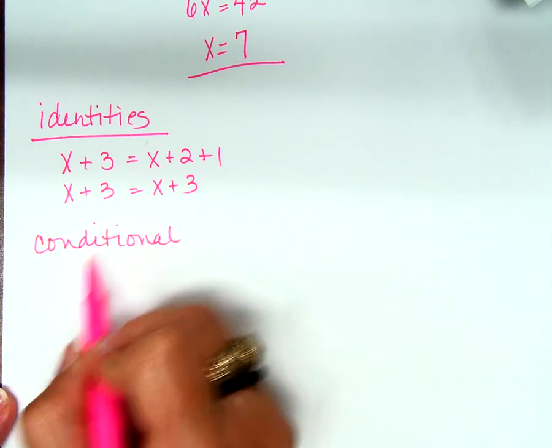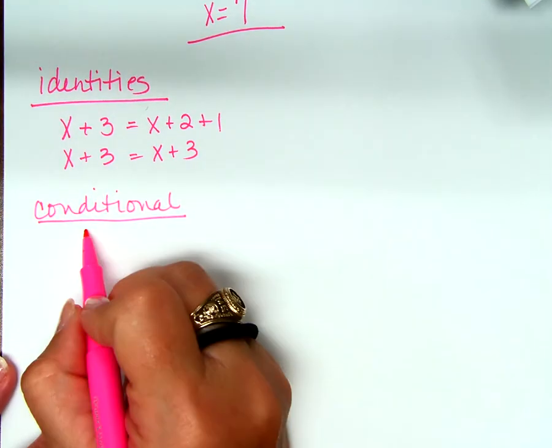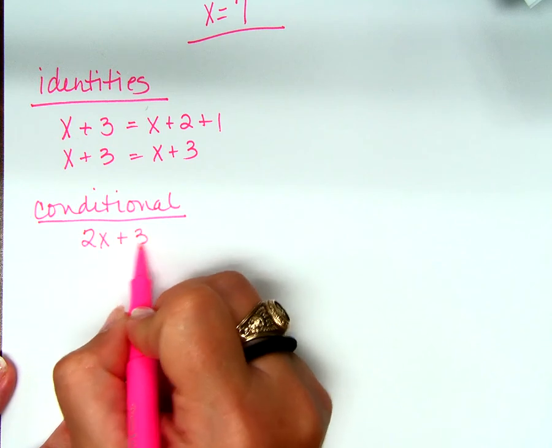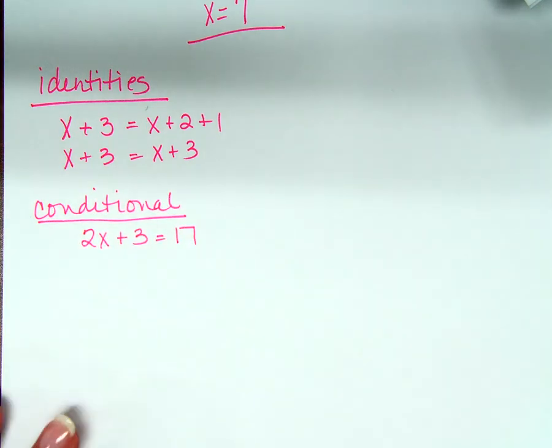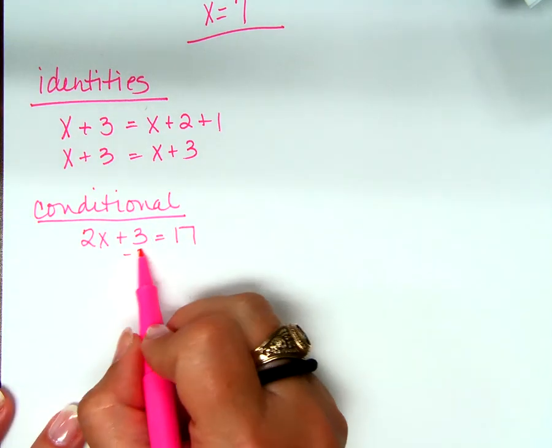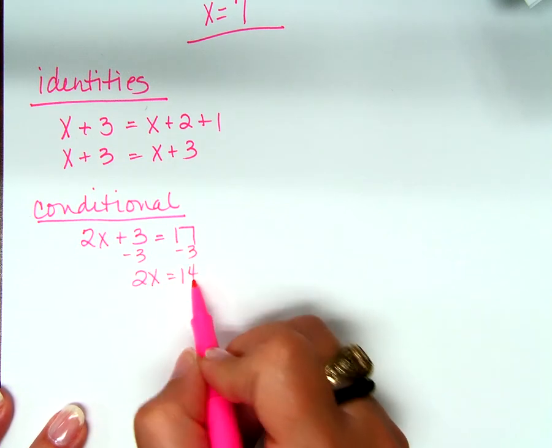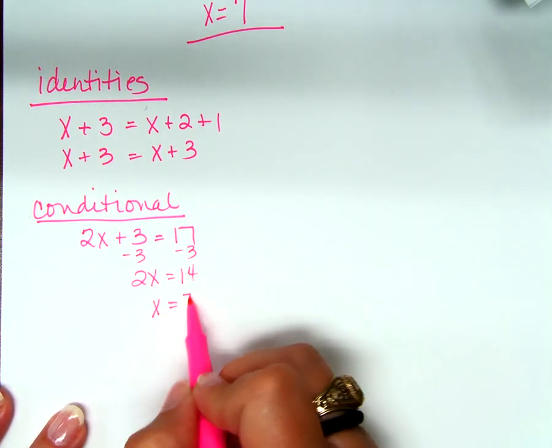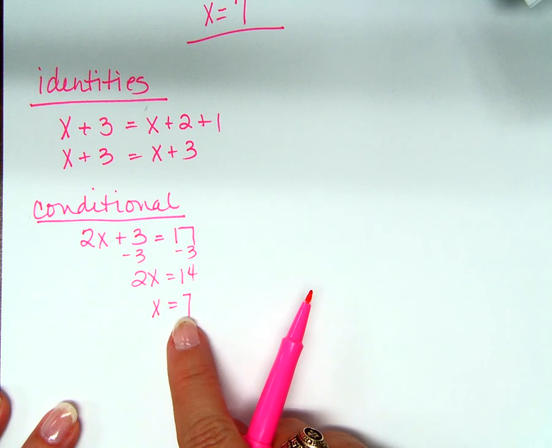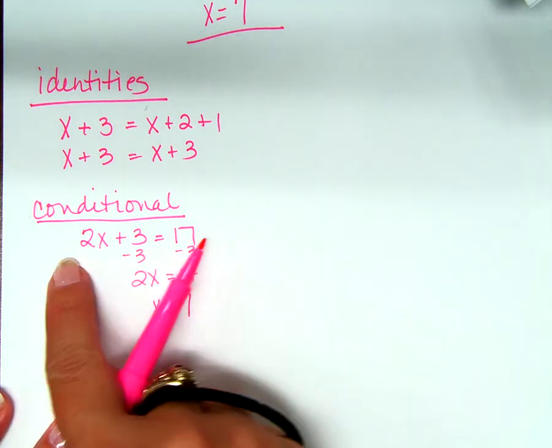A conditional statement looks like this. 2x plus 3 equals 17. Well, if I subtract 3, I get 2x equals 14 and x equals 7. This is the condition that solves this equation.